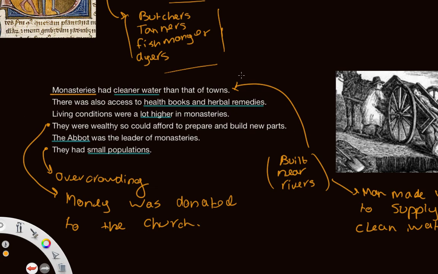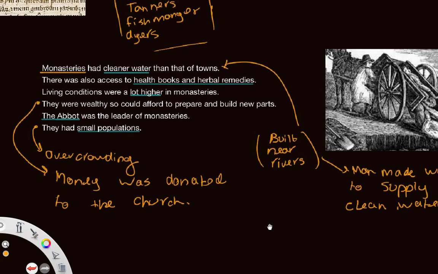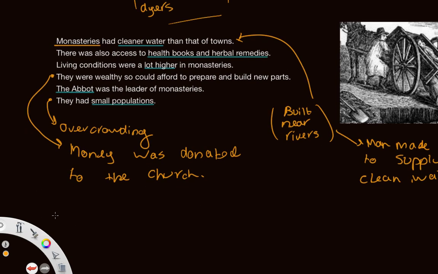So the fact that they were wealthy meant that they could build new parts of the monastery, but also they were able to put a little bit more effort and focus into the hygiene of their building.